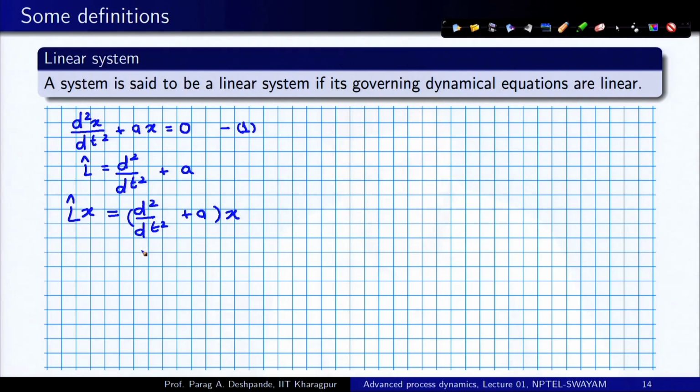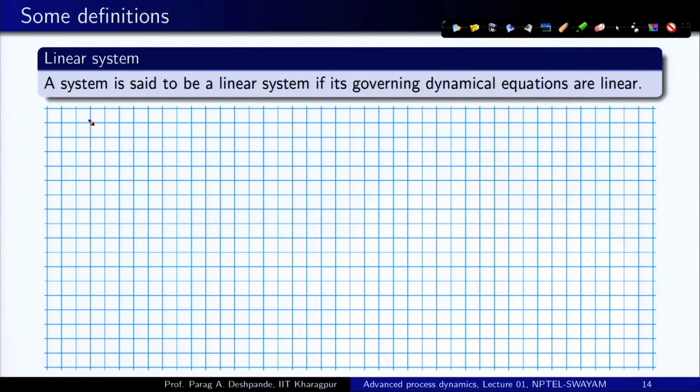I have a second order derivative here, which means I will have the second derivative of x with respect to time, plus a is simply a multiplication operator, which means I will have a x here, and my equation would be L hat x is equal to 0. So, I have done the first step, that is the identification of the operator.